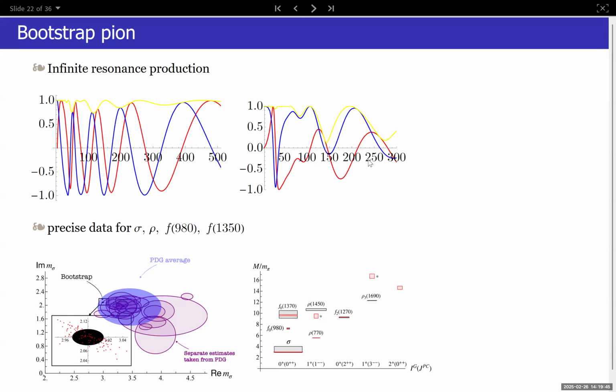Instead, here we are doing something different. We are trying to construct an approximate solution to the truncated setup. So basically, this is called the primal approach.